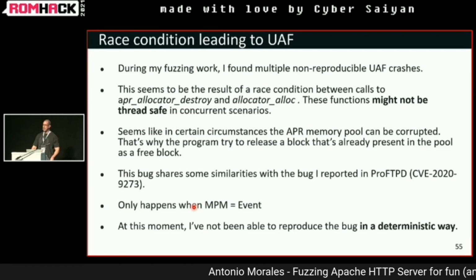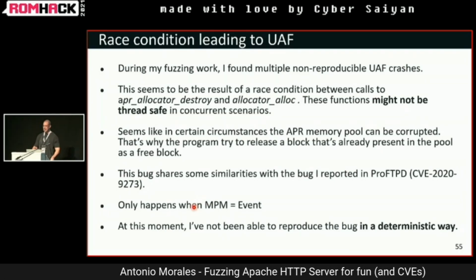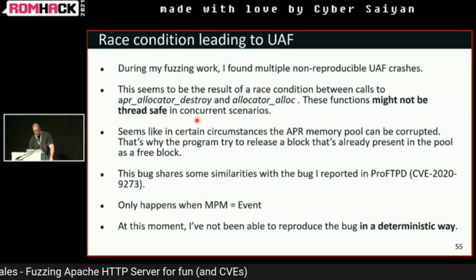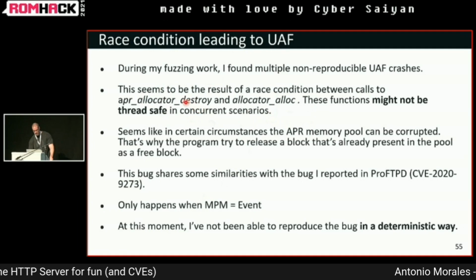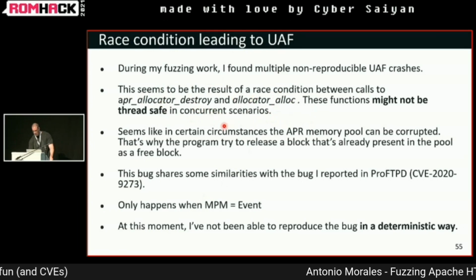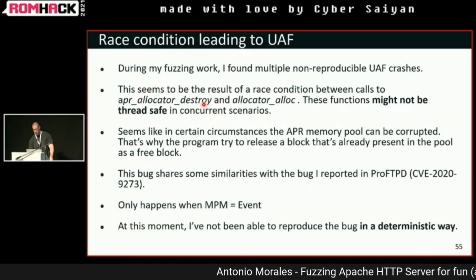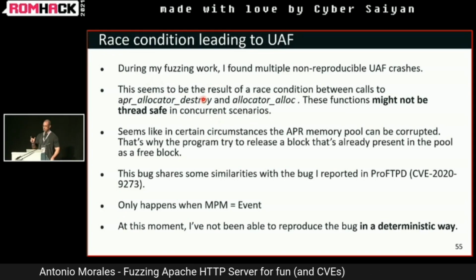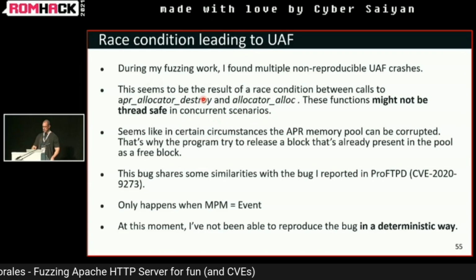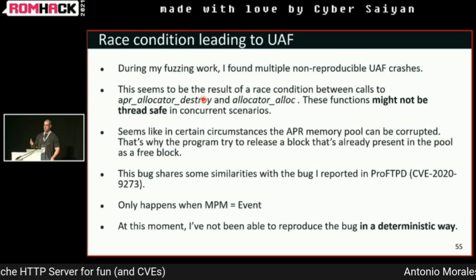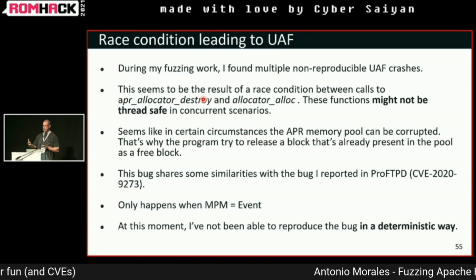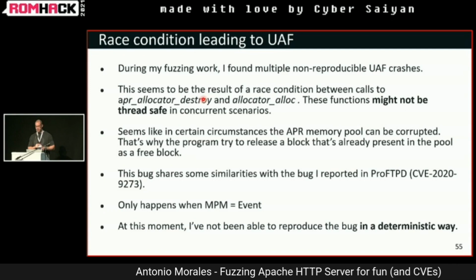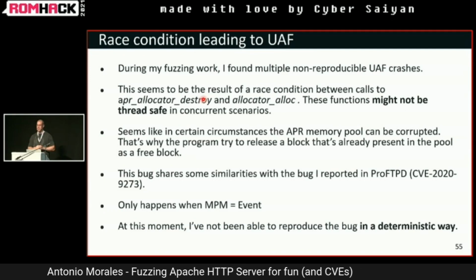After going deeper, I discovered a kind of race condition between the allocation functions, like for example apr_palloc, and the destroy functions of APR. This leads to a corruption of some nodes of the memory pool. And sometimes the program will try to release a node or a block that is already present in the free pool.